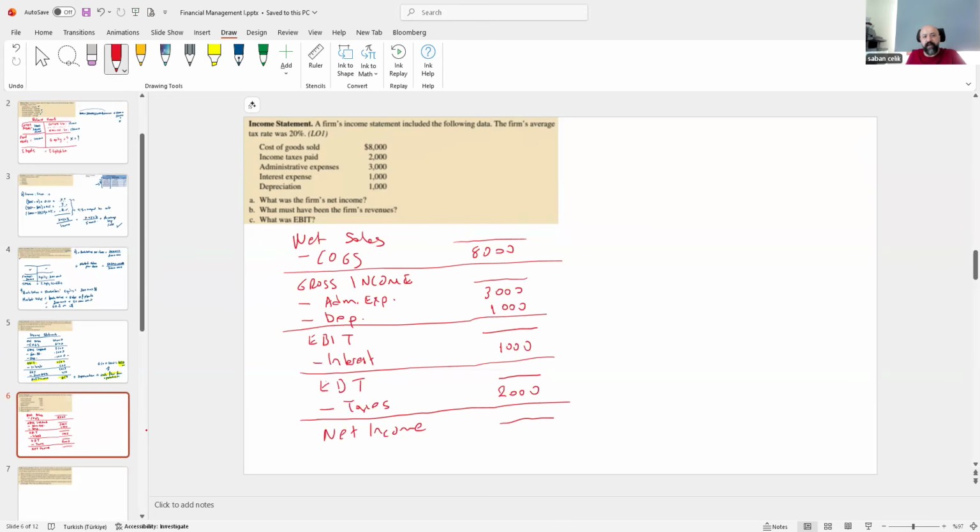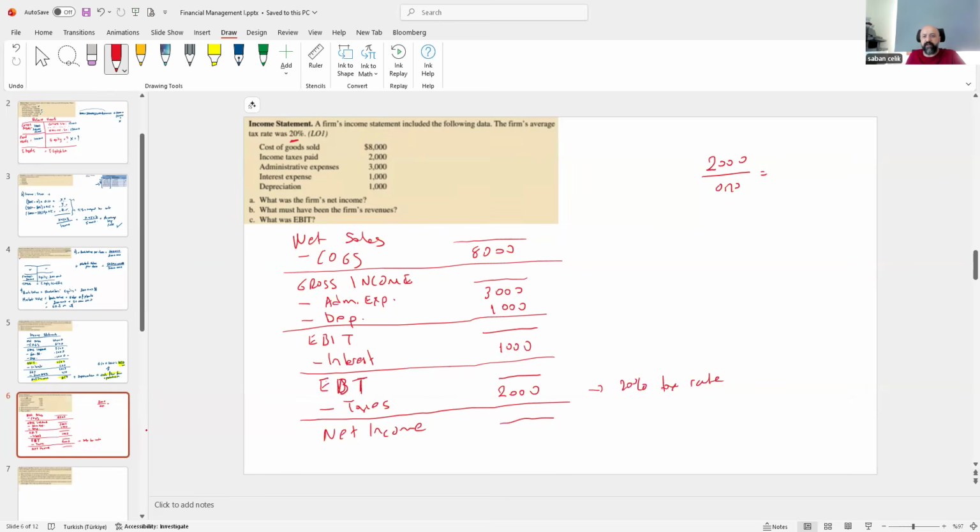What is given, by the way? Tax rate is 20%. So now I have a clue here. If 20% is equal to 2,000, then what might be earning before interest and taxes here? It's going to be calculated as 2,000 divided by 0.20.